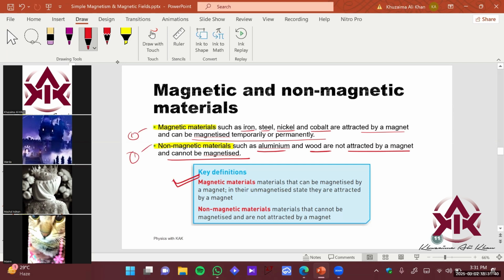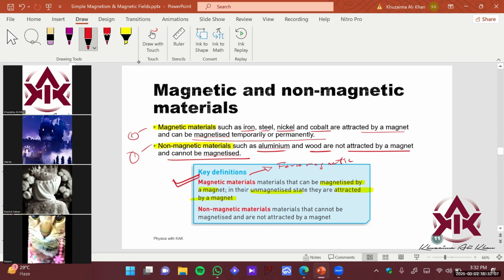So a magnetic material can be magnetized by a magnet, okay? So in the magnetized state, they are attracted by a magnet, okay? You can also relate this with the definition of ferromagnetic material, right? So if you recall the definition for ferromagnetic material, it's almost the same, right?